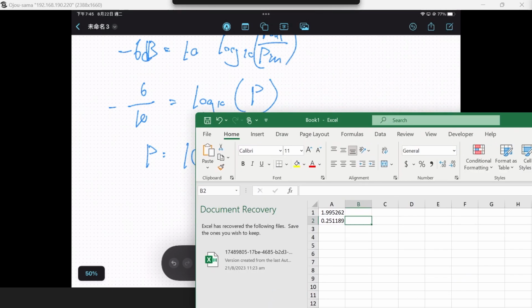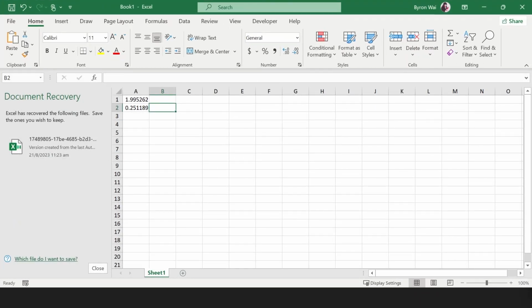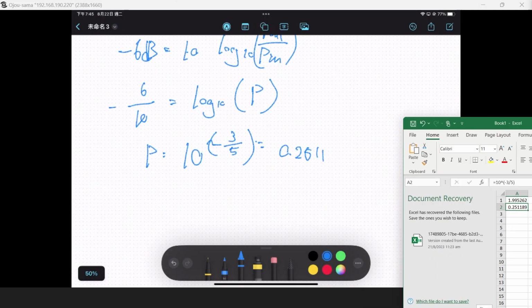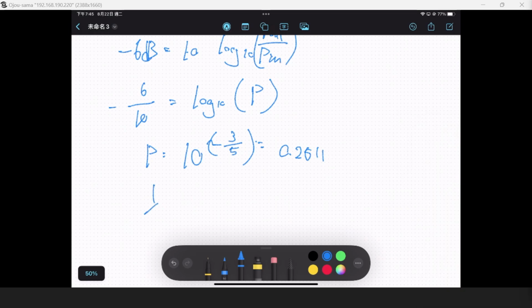Okay, from my answer, it is 0.25, right? 10 to the power negative 3 over 5 is 0.2511. So you know that 1 over 4, that is 1 divided by 4, is 0.25. So 1 over 4 is equal to 0.25.